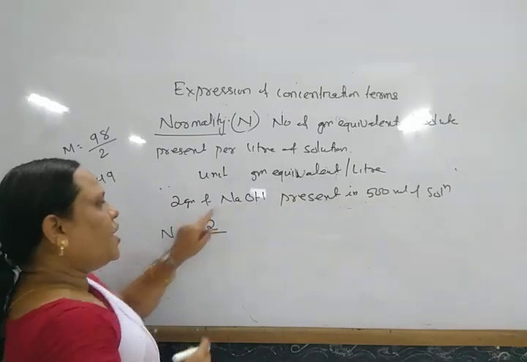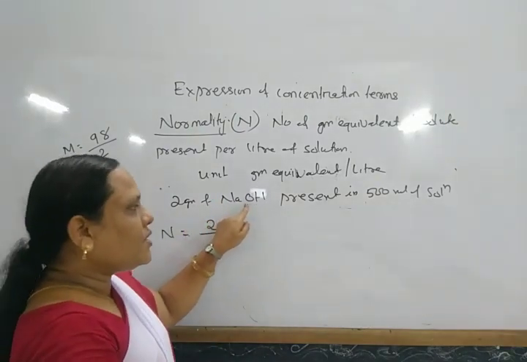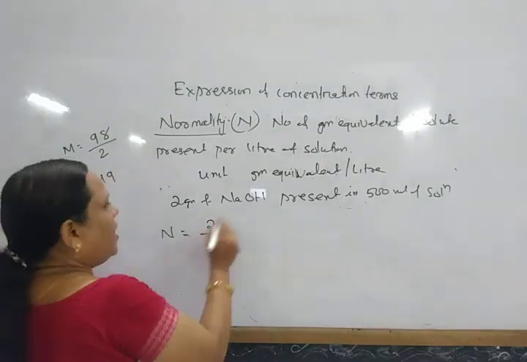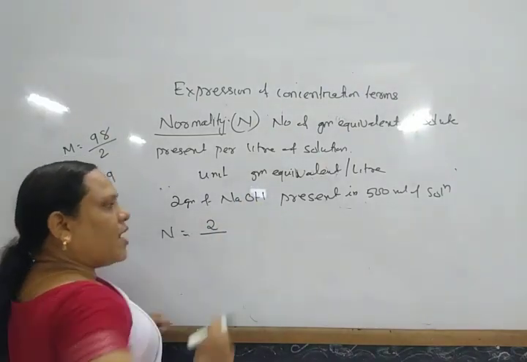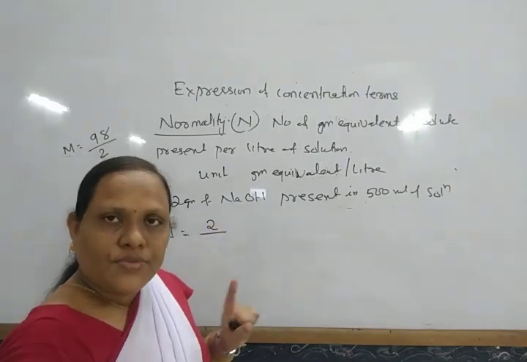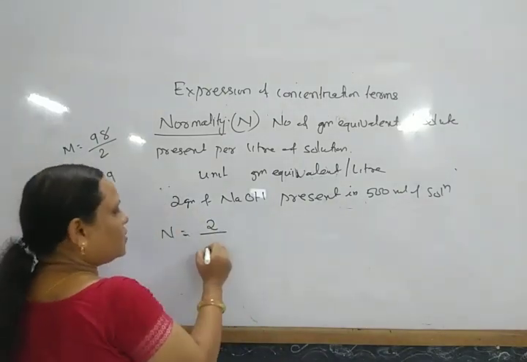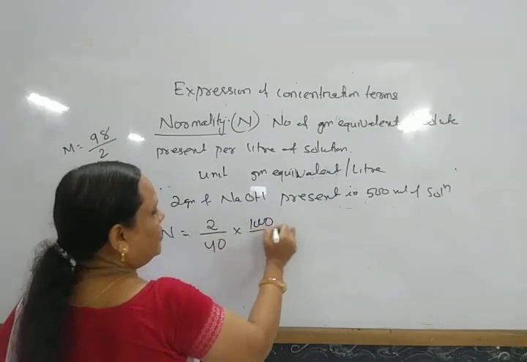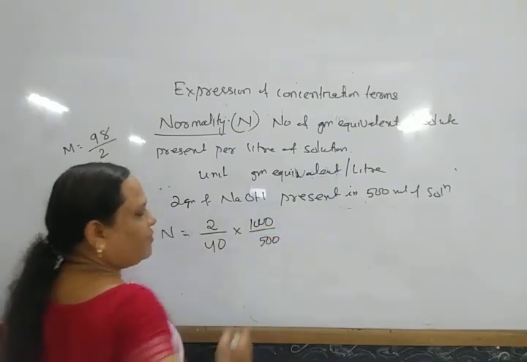Sodium hydroxide is 23 plus 16 plus 1, that is equal to 40, and its acidity is 1, so 40 by 1 is 40. So its equivalent mass is also 40. 2 by 40 into 1000 by 500.